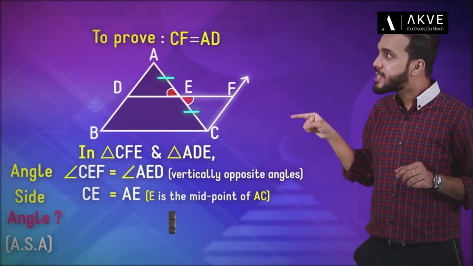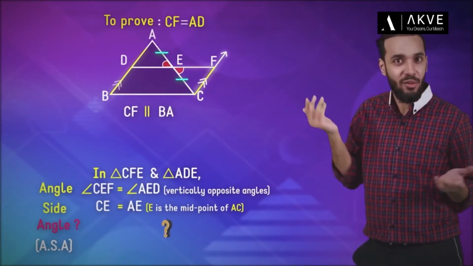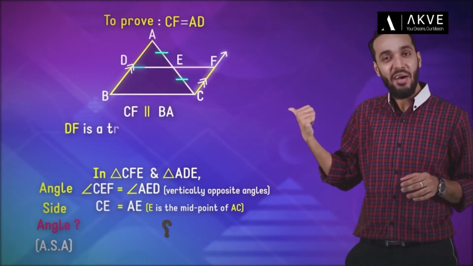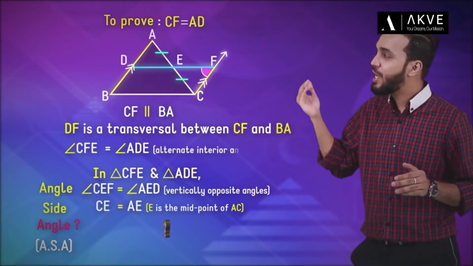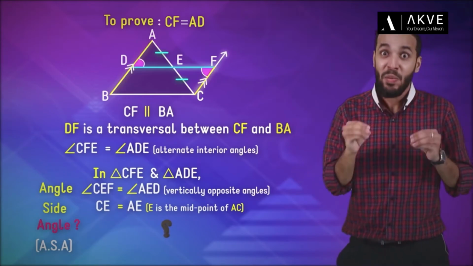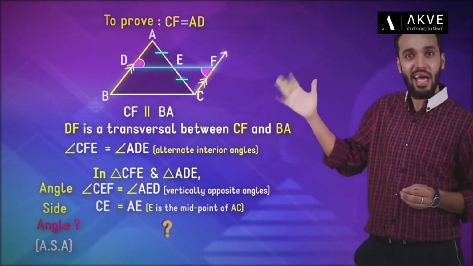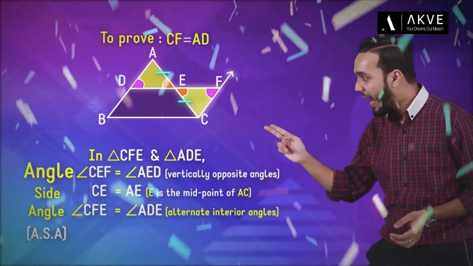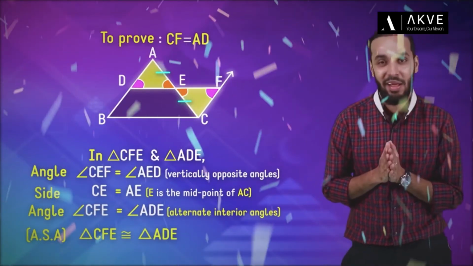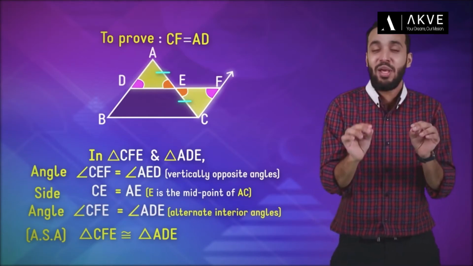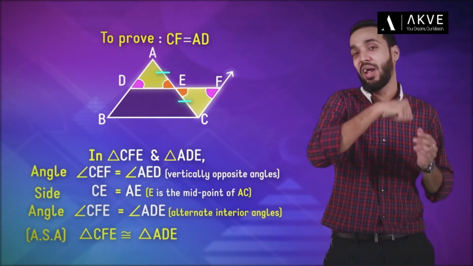Wait a minute. CF is parallel to BA, right? So, DF acts as a transversal, which means angle CFE is equal to angle ADE because they form a pair of alternate interior angles. Bingo! Angle side angle. We got it. Hold on. I'm interrupting your celebration because there's something that needs your attention.